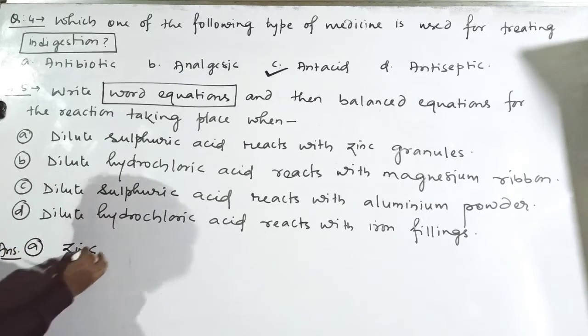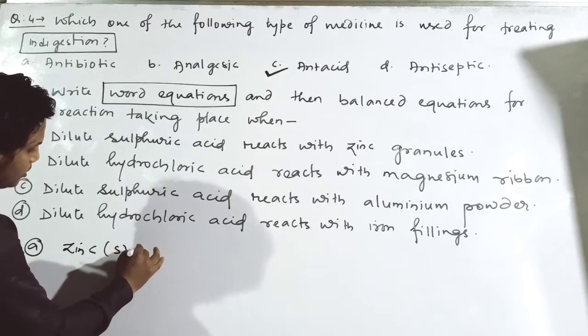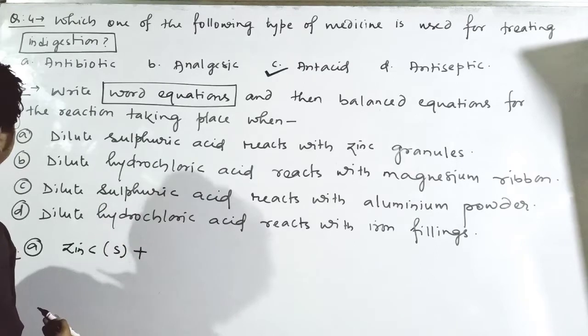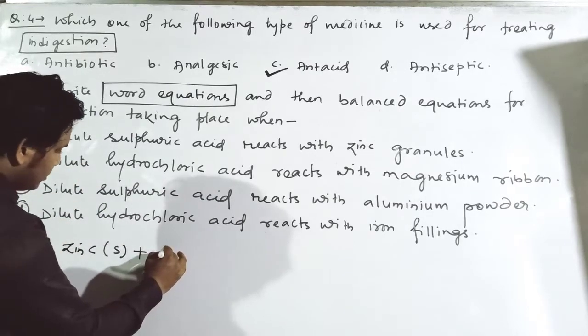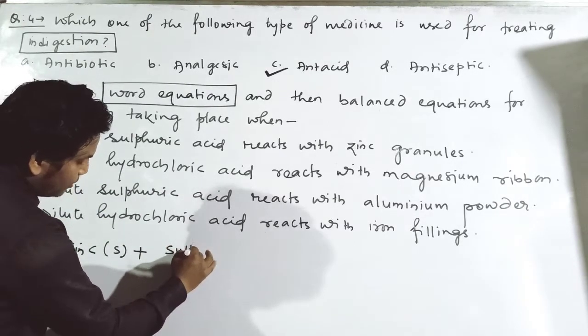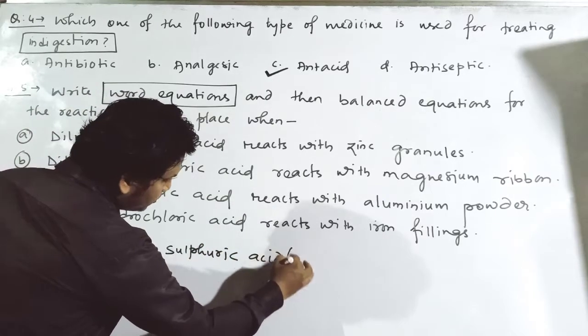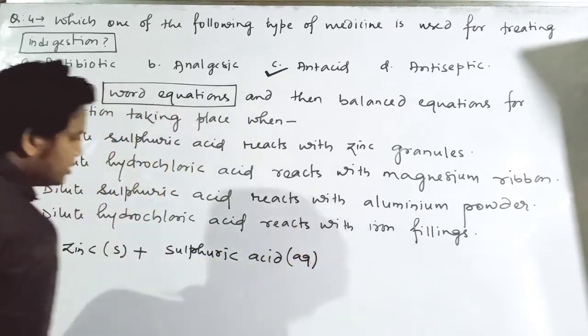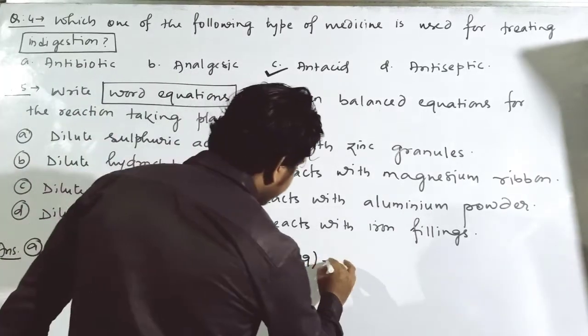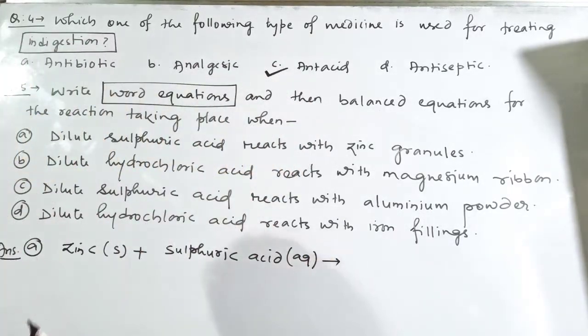Zinc is solid, and sulfuric acid we have taken. Dilute means we have to add water, so water is added. Now, what will be the product?